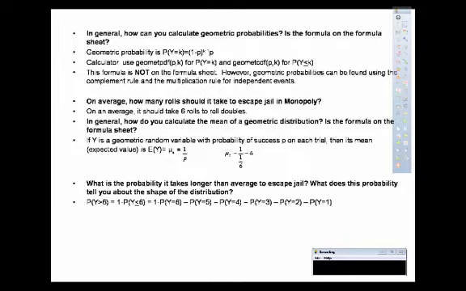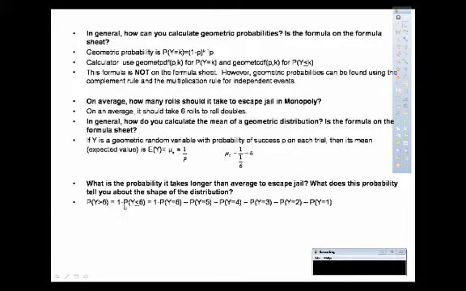Okay. What is the probability that it takes longer than average to escape from jail? Now remember, that's going to be y greater than 6, because 6 is the mean. What does this probability tell you about the shape of the distribution?